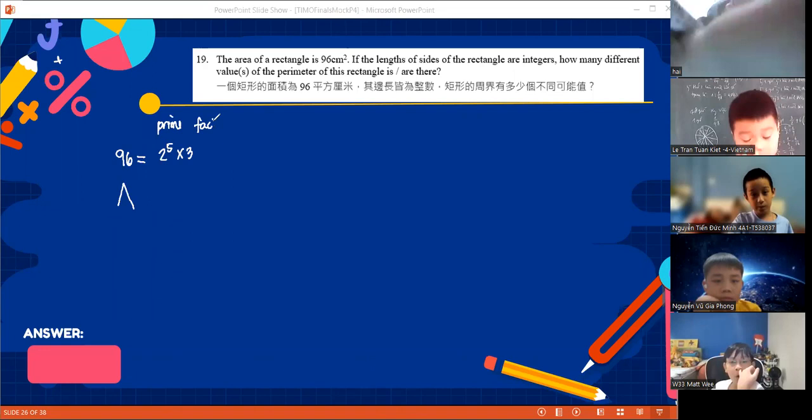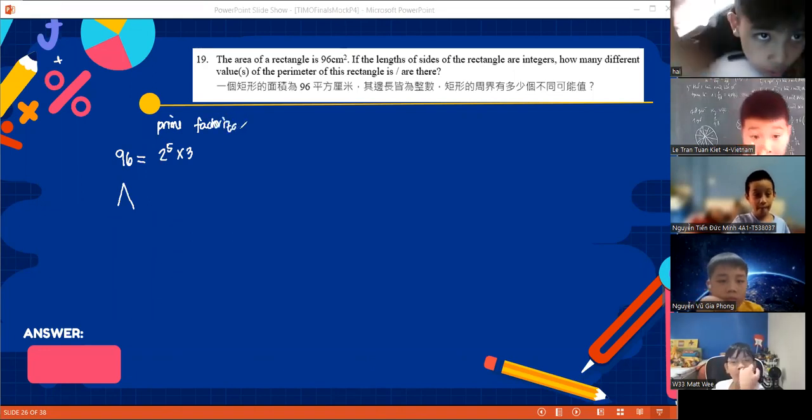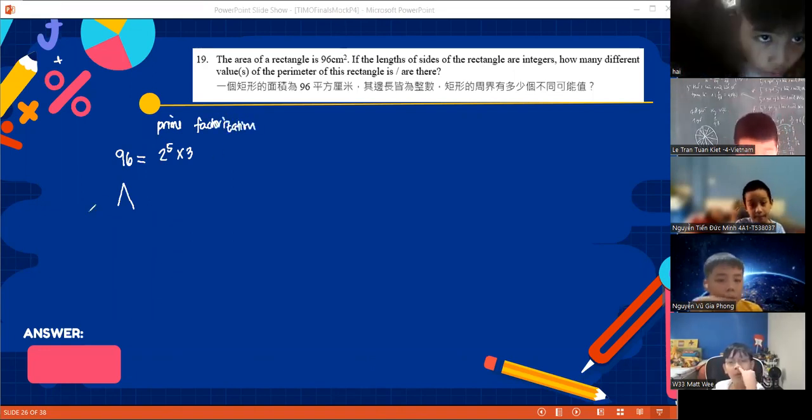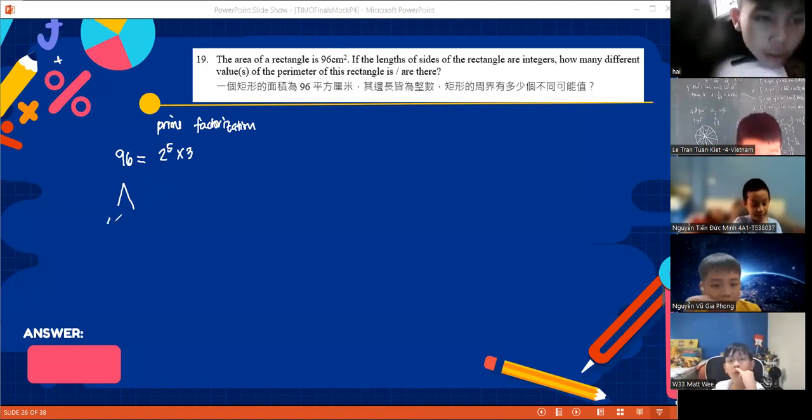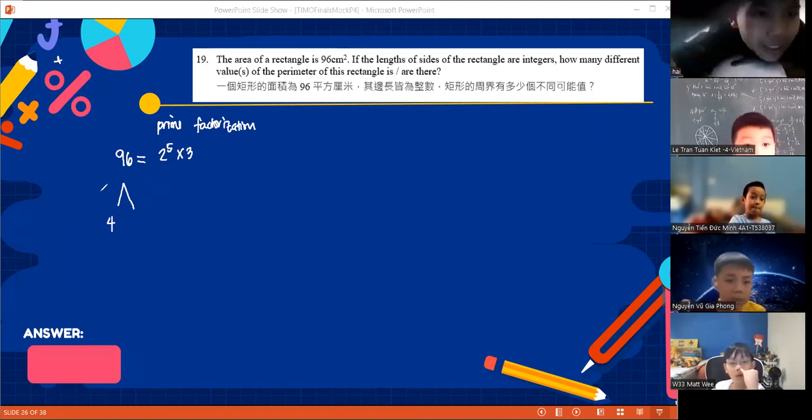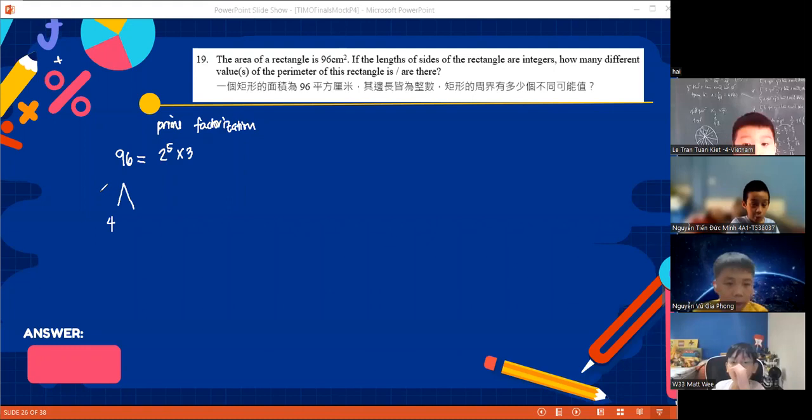Meaning you get the prime factors only. So 96 divided by 4, you'll get what? 24. Your 4 here is just 2 squared.